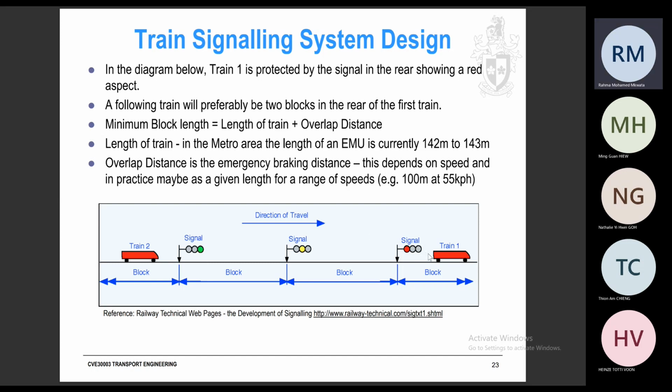For example, if your first train is moving and the second train is catching up, you need to stop the second train, so you need a certain distance because the train is very heavy, we know that. It will take a long distance to come to a stop. So you need these two blocks because they act as a safety block, so that you cannot have the train trailing too near to the other one.